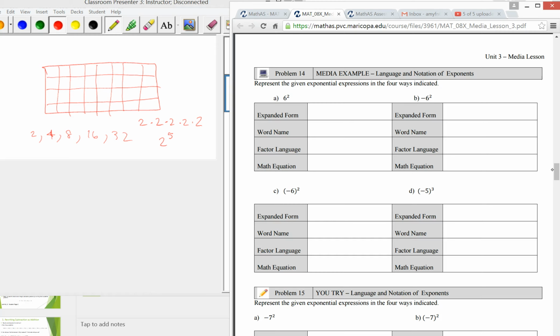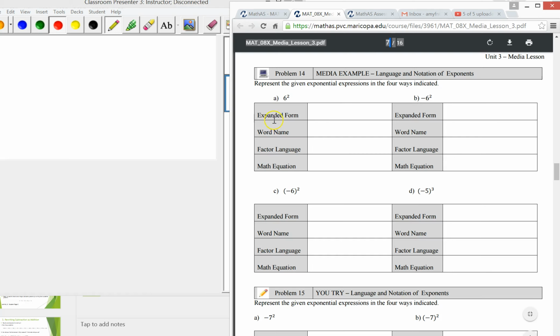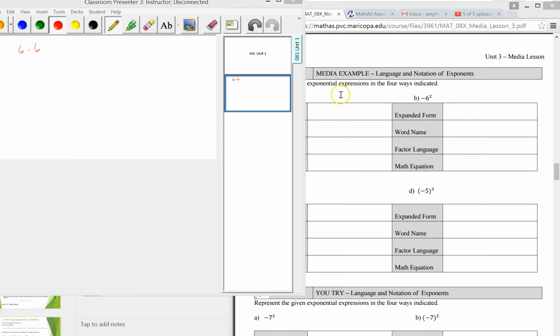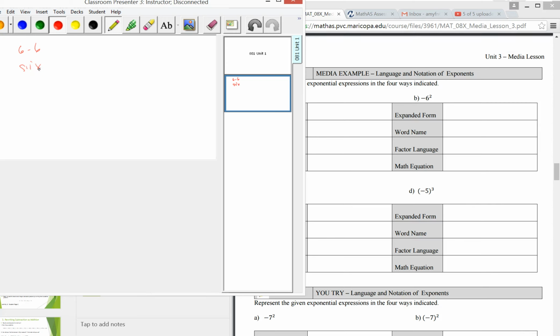Now we have these examples where we have them write expanded form, word name, factor language, and math equation. Okay, so basically, expanded form is writing it out as a product. Okay, so 6 times 6. Okay, word name, we'd say 6 squared, or 6 to the 2nd power.